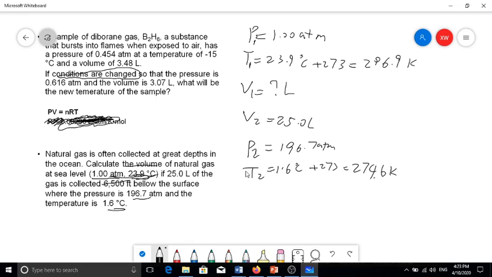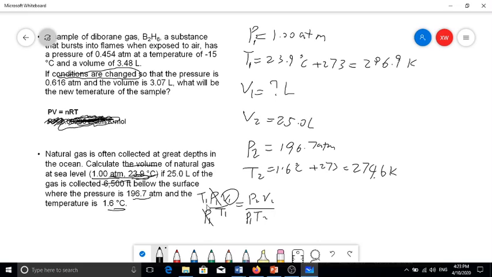So you have P1 V1, P2 V2, T2. You're solving for V1 as usual. The formula is P1 V1 over T1 equals P2 V2 over T2. To solve for V1, you divide by P1, so on the other side you divide by P1 as well.